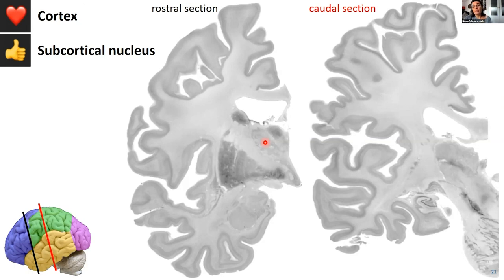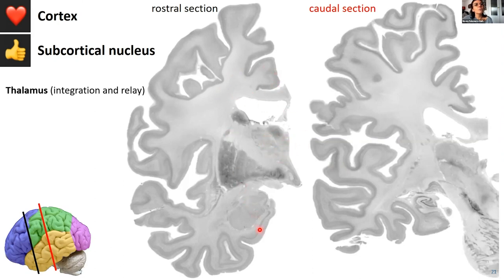It plays an important role in the regulation of our consciousness, alertness, and also our different phases of sleep. So here we've got the thalamus as a subcortical structure.